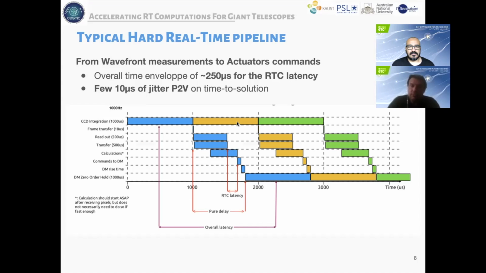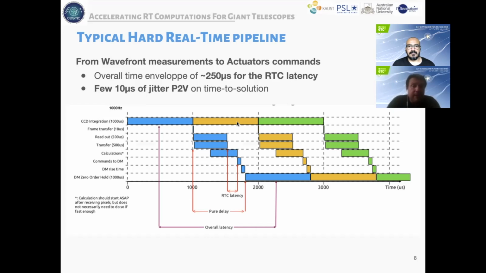The mirror should remain still during the integration time of the camera. And in between, we transfer data, do some computations, update the state of the system. And this whole process introduces some latency in our pipeline. And our goal here is really to reduce this latency to the minimum. There are some incompressible parts, the integration on the camera, the zero order hold on the deformable mirror.